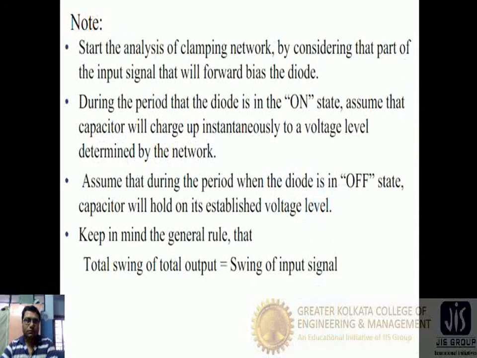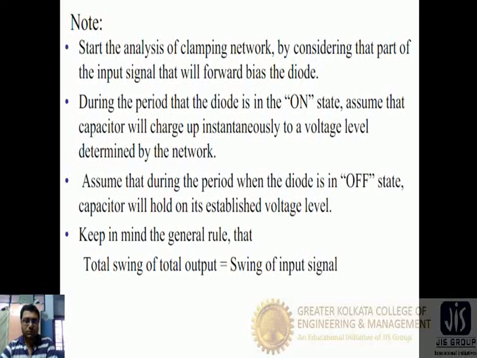Some notes: start the analysis of a clamping network by considering the part of the input signal that will forward bias the diode. During the period the diode is in the on state, assume that the capacitor will charge up instantaneously to the voltage level determined by the network.